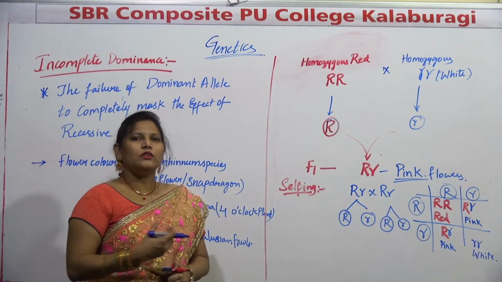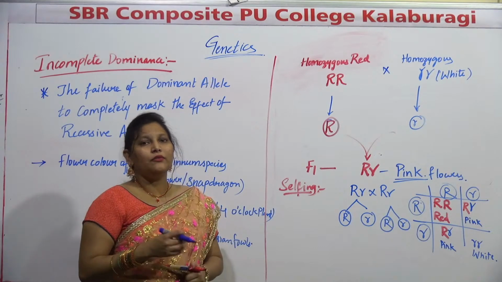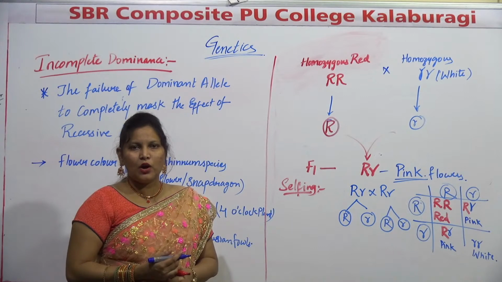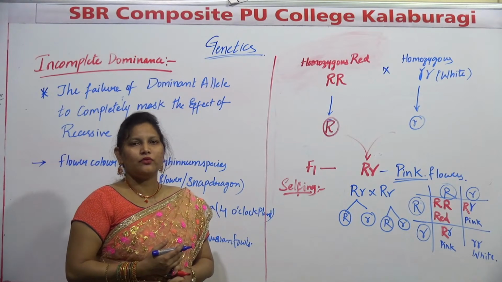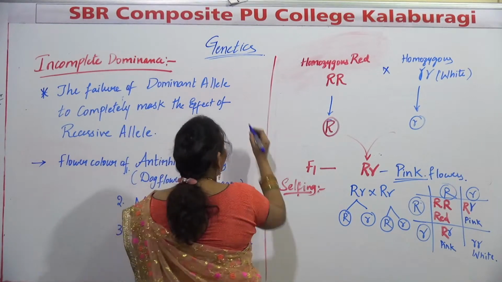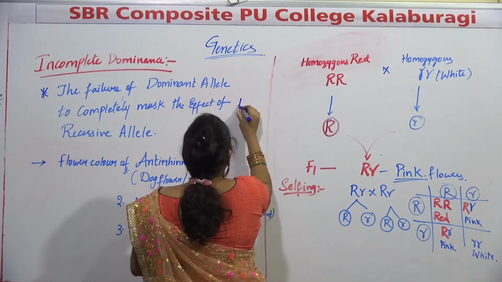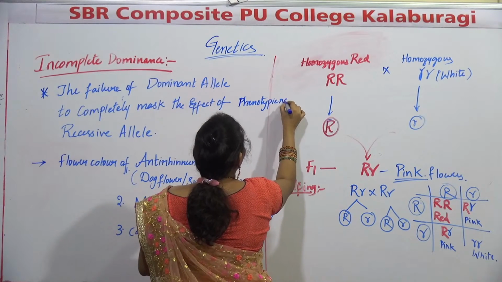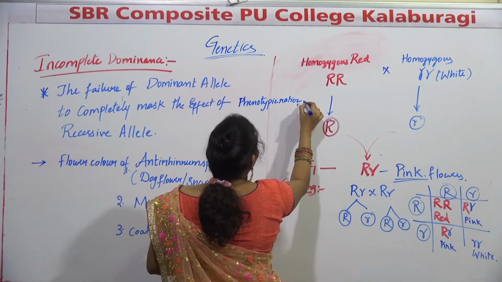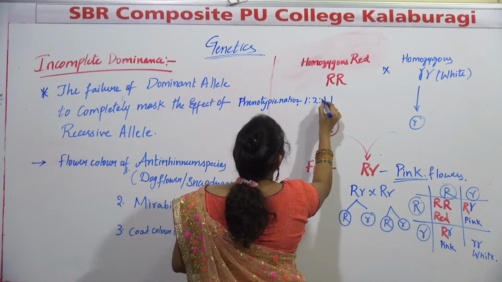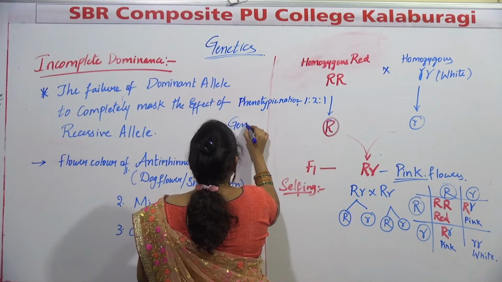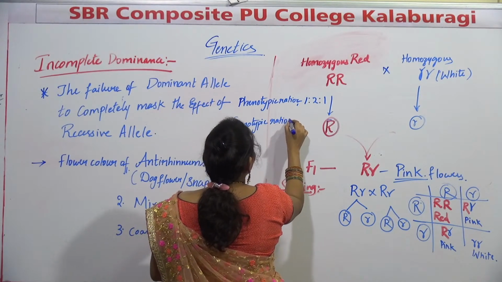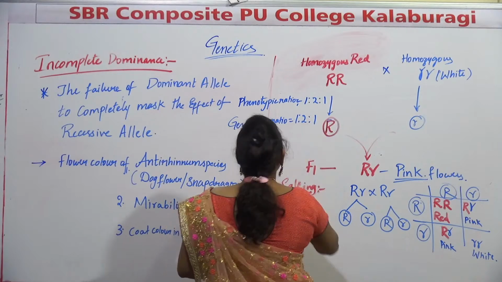Now, take the phenotypic ratio of F2 individuals in case of incomplete dominance, when we are taking the flower color of snapdragon. See, the phenotypic ratio is 1:2:1. And the genotypic ratio is also 1:2:1.